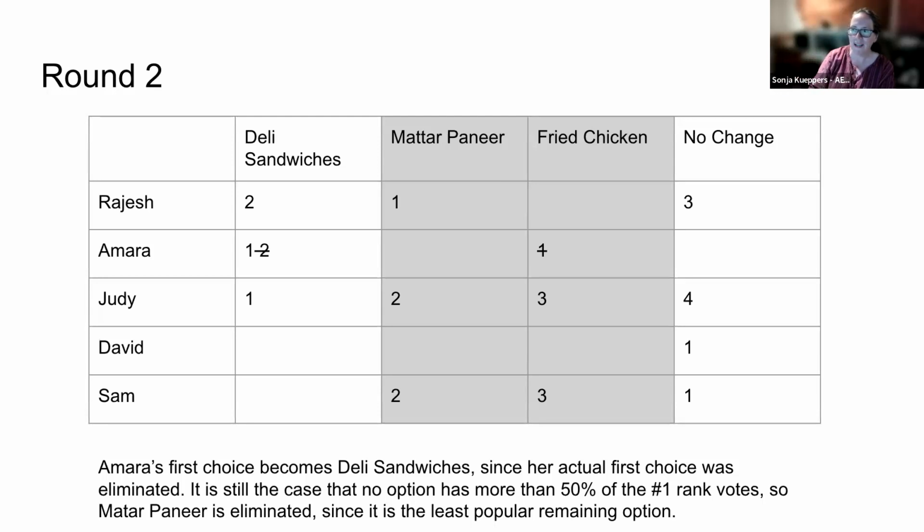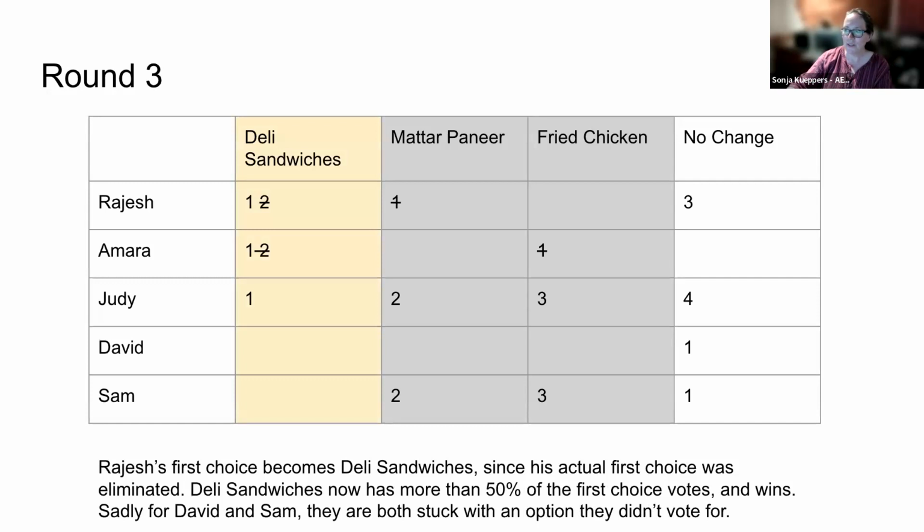So now we've got deli sandwiches having 2 first place votes and no change having 2 first place votes. Neither of these options has yet exceeded the 50% threshold, which means that we have to eliminate another option that's less popular. So we wind up eliminating Mater Paneer because it's the least popular of the remaining options.